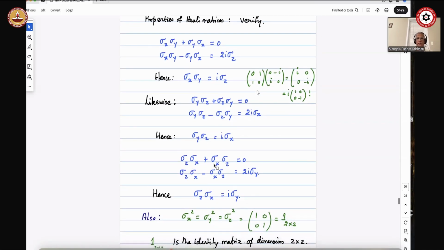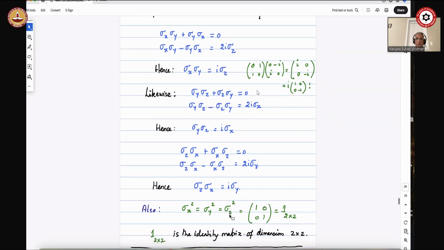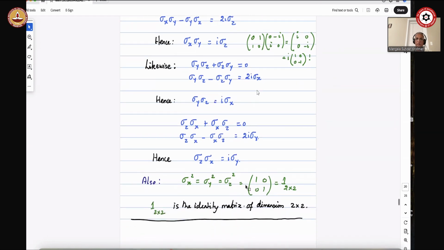And the last one is sigma z sigma x plus sigma x sigma z is equal to 0. And write this down: sigma z sigma x minus sigma x sigma z is 2i sigma y. Verify this.